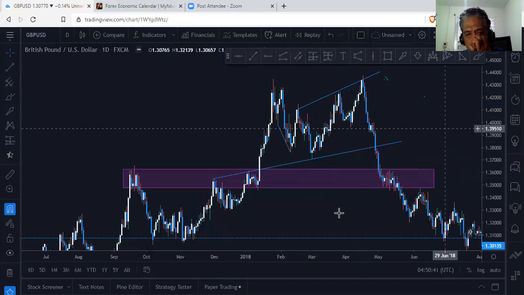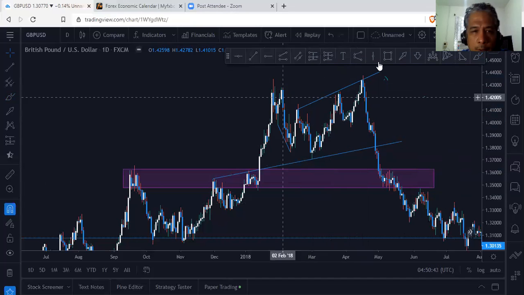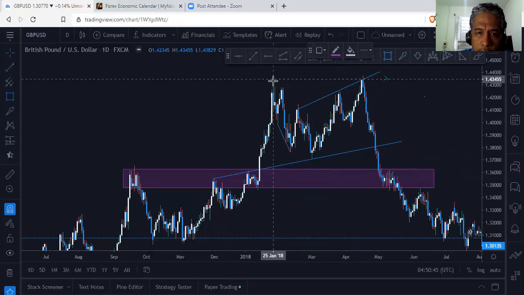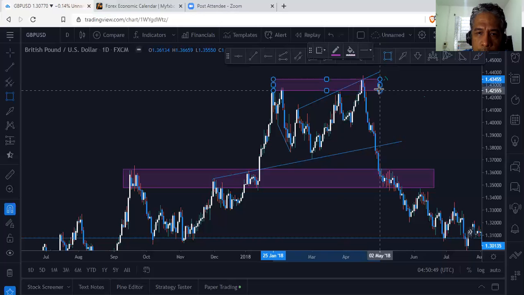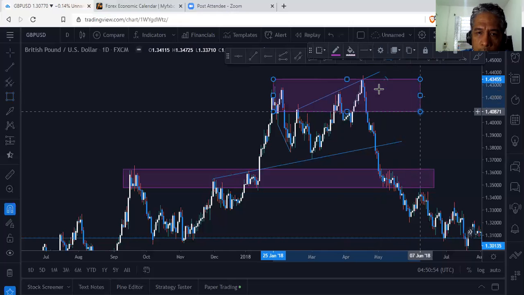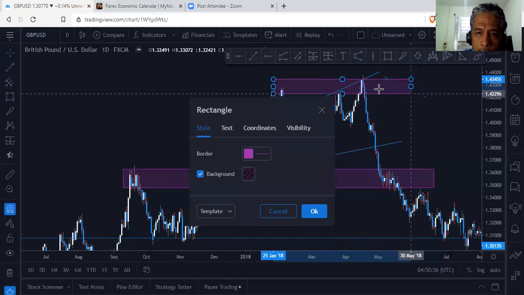If you're a novice, most probably you'll be entering in this area because this is actually a resistance zone. Because we will attack the Forex market in a zone. So that's the zone.